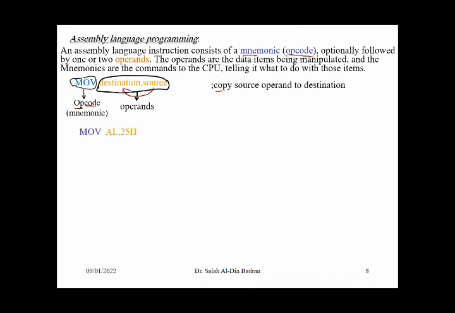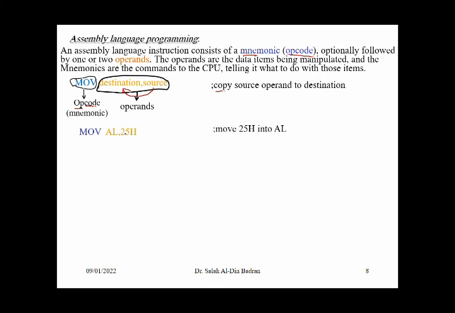In real assembly programming, we write this instruction. The destination here is AL. What's AL? AL is a register. And this is the source. The source is a number, here a hexadecimal number.